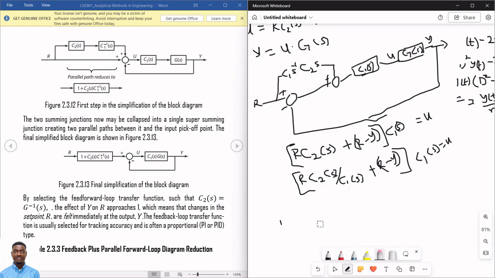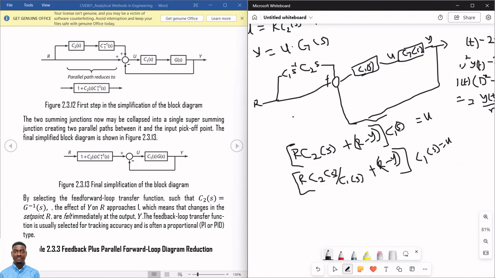From the diagram, we know that these two now are in parallel. This C1S inverse, C2S inverse, they are in parallel. Now, these two summations are just doing the same thing. We can decide to move this pickup point, this signal, to this point, because R minus Y here, if we take it here, is equally R minus Y. So I can just erase this signal from here and put it into this summation, so I will not be repeating that summation twice.